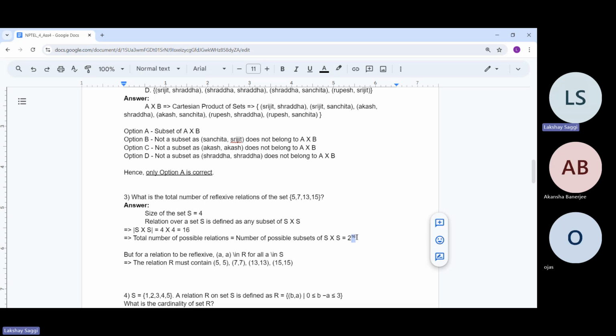We only have a choice for the remaining 12 elements, whether to be included or not.